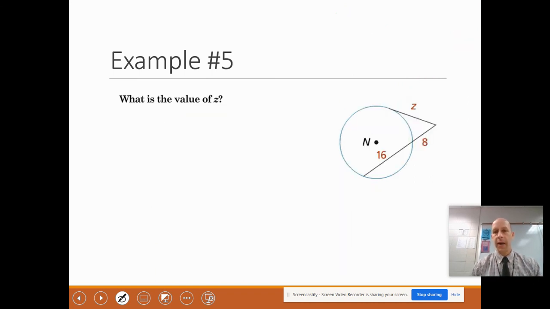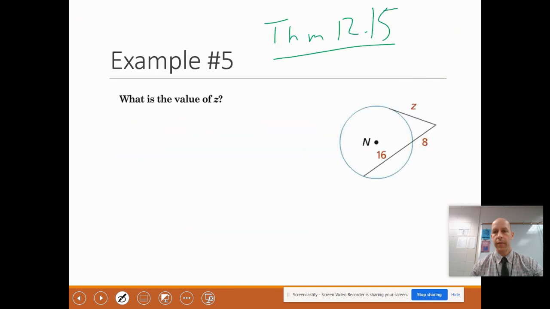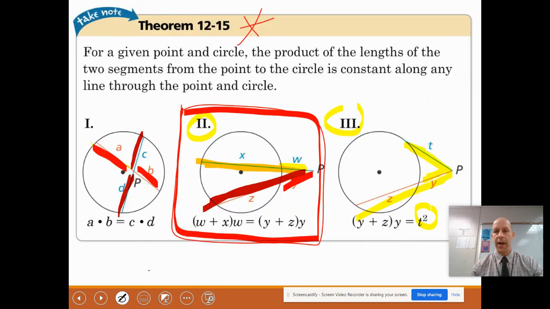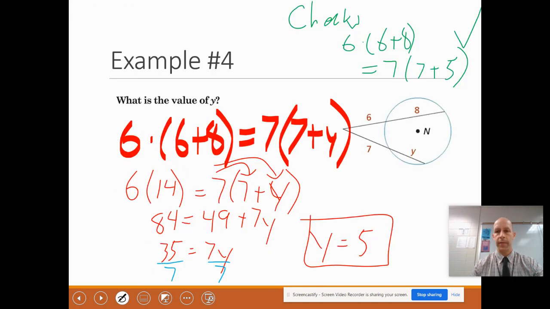All right, last example. Now again, we're going to be using theorem 12.15. So which of the three does this one look like? Well, this one looks like the third one. So here's our formula. It's this piece times this piece is equal to this piece squared.